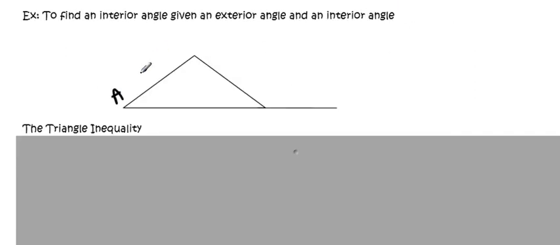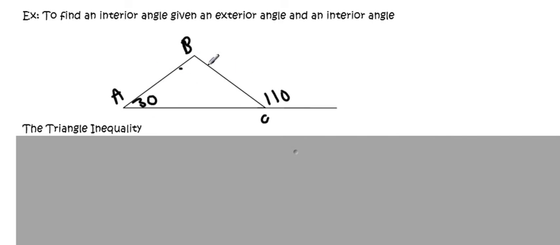So let's say, ABC again, let's say we want to find the interior angle given an exterior, so let's give an exterior angle and an interior angle. We'll come down here and call this 30.